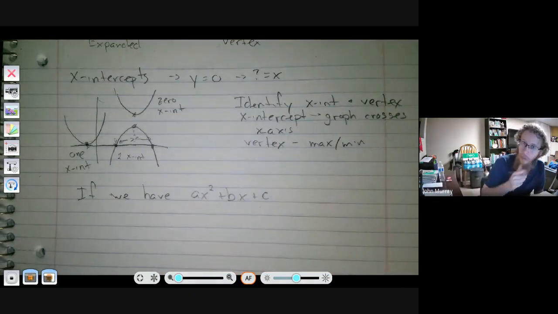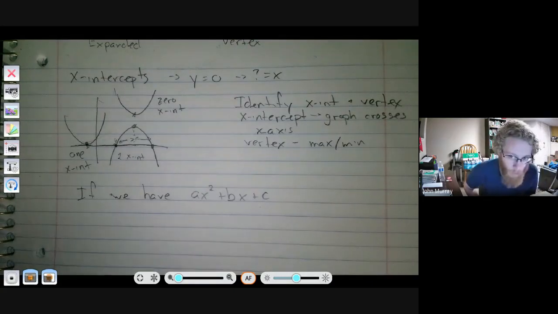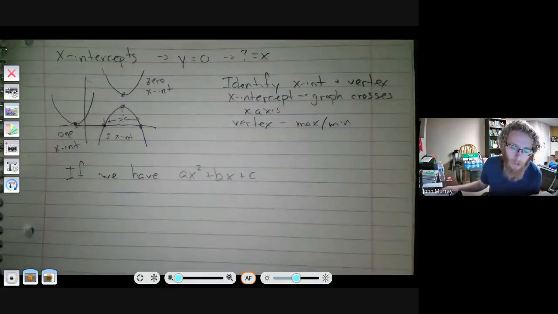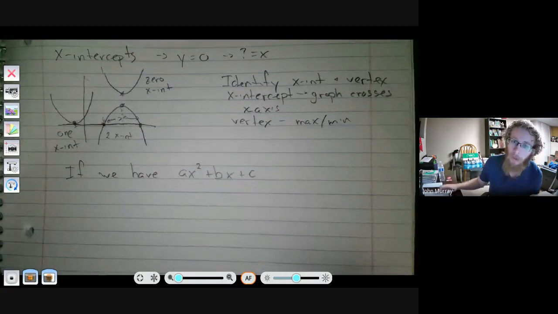Okay, so if we are in expanded form, which is, most of the time you'll see quadratics in this form, there's two ways that we can find our vertex. There's really only one way to find the x-intercepts, and that's by setting equal to 0 and solving, but we'll get to that probably either tomorrow or next week.